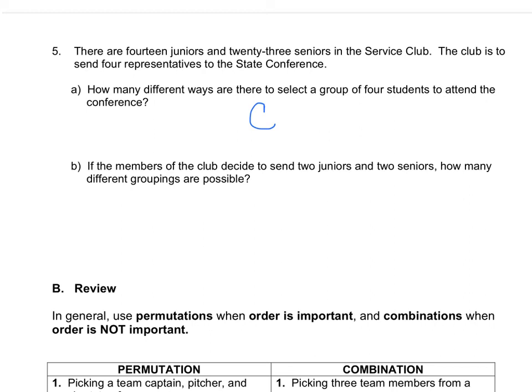Let's see, I have 14 juniors and I have 23 seniors, so I have 37 total. All right, so it's a combination of 37 things taken, and how many do I want to select? Okay, so put that in the calculator. Let's see what you got.